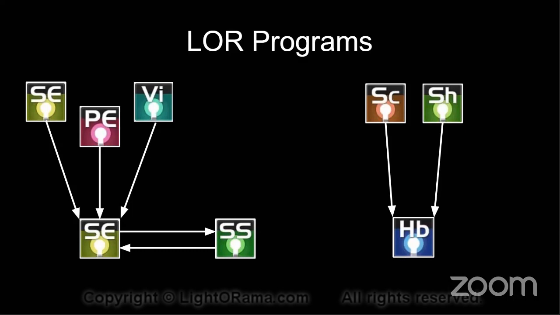What is different is over on the left. So in S4, we had 3 distinct programs that you used to sequence. Superstar was an add-on option. So we had the sequence editor, the pixel editor, and the visualizer. And all of those have come together into what's called the sequencer. So no longer do you have to import pixel editor sequences into your sequence editor to make motion effects run.